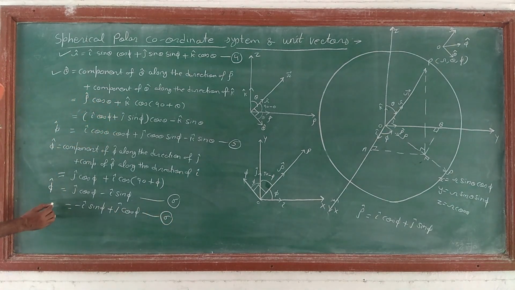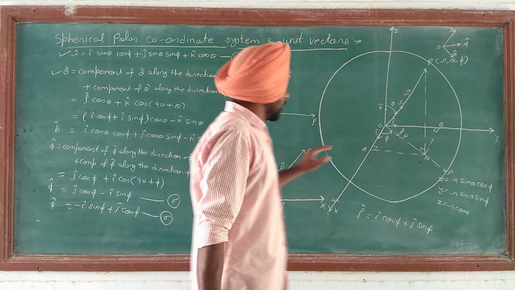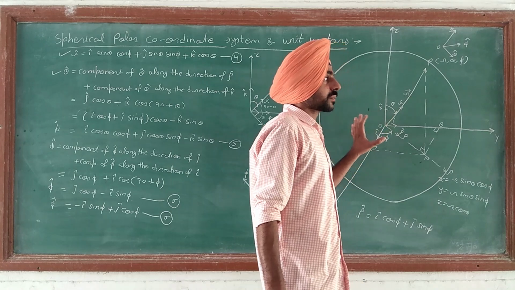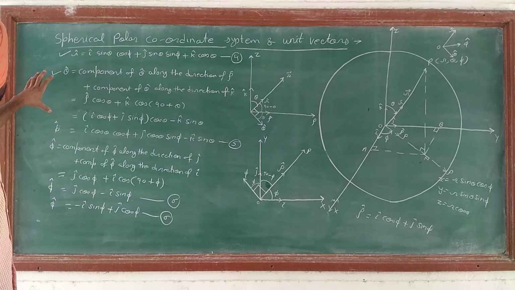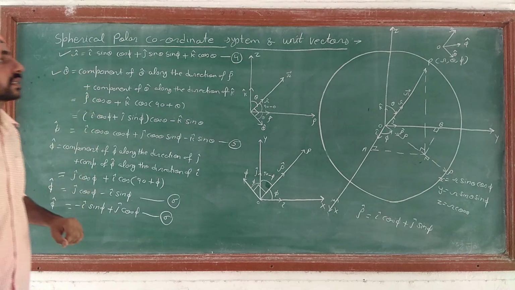The property of these r cap, theta cap and phi cap is that they are mutually perpendicular to each other, like i cap, j cap and k cap are mutually perpendicular in the Cartesian coordinate system. Similarly they are in the spherical polar coordinate system.